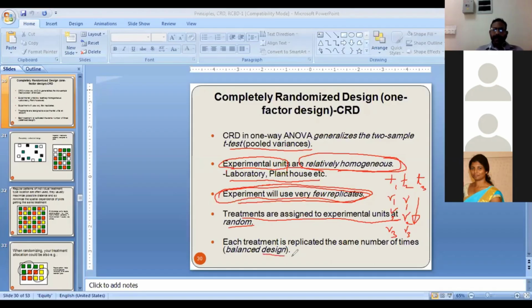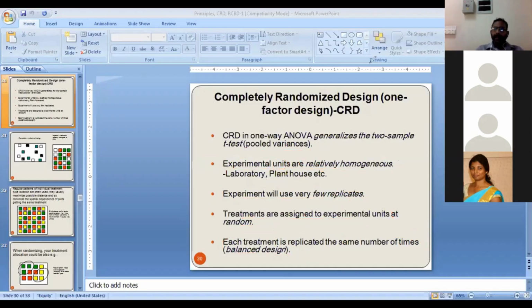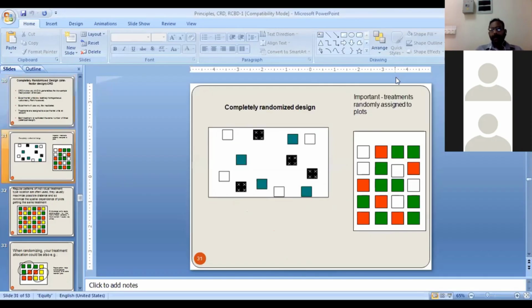Each treatment is replicated the same number of times, so it is called a balanced design. Last time I mentioned what a balanced design is, right? Can you remember? If all the treatments appear in a single block, it is called a balanced design.